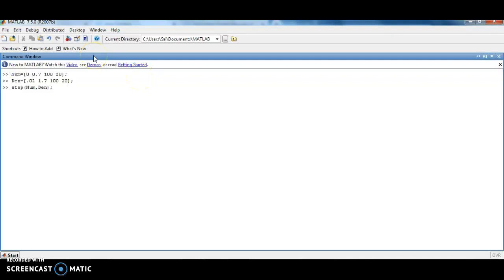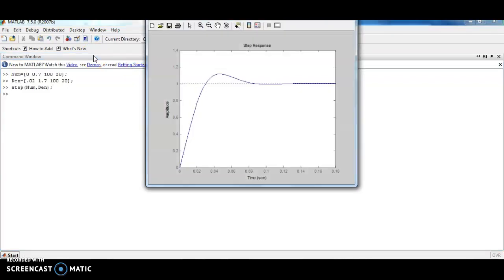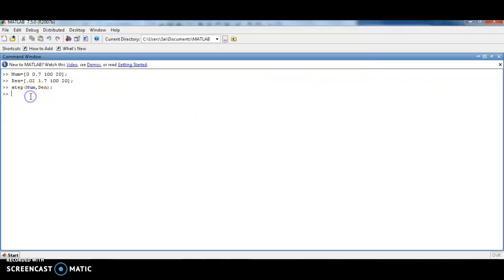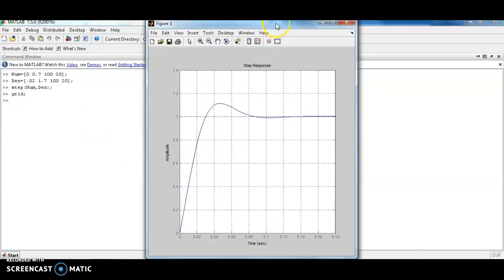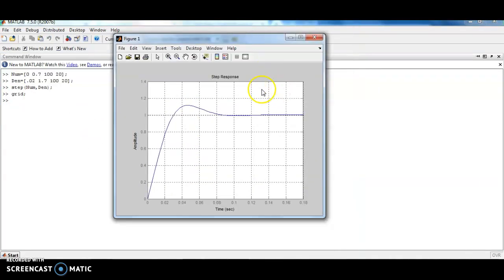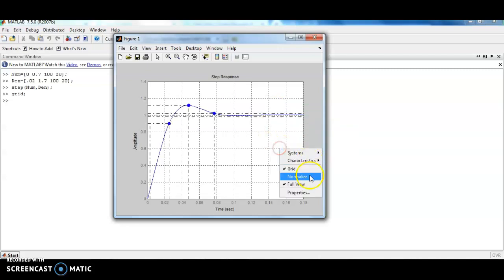Using the inbuilt command step, numerator comma denominator, we'll get the graph. If you want the grid form, you can get the grid also. In the same way, right click, characteristics, peak response, settling time, rise time and steady state.